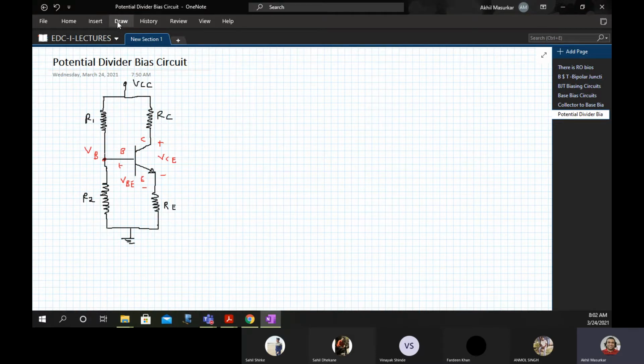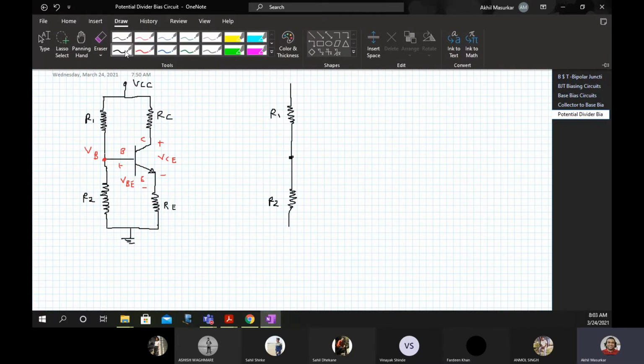Now this circuit we can slightly redraw like this. I'll just separate this VCC out. VCC is connected to R1 as well as RC. So here we have R1, then we have R2, and here we can just slightly draw this.